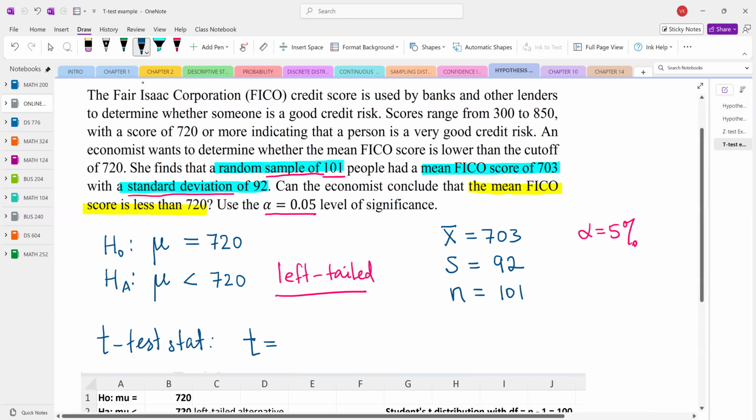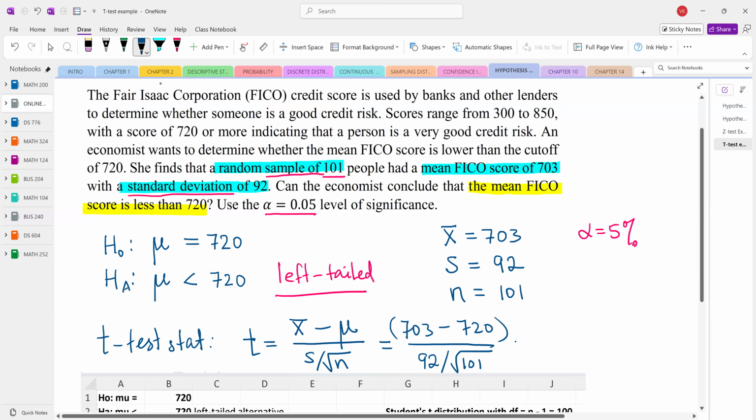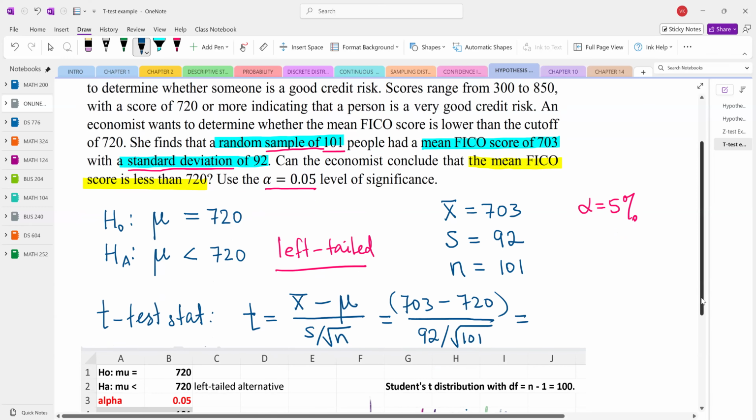So t is equal to X bar minus mu assumed under H0, divided by the sample standard deviation over square root of n. Once we plug in the values, 703, 720, and we divide by the standard error of the mean, 92 over square root of 101, we obtain the value of the test statistic.